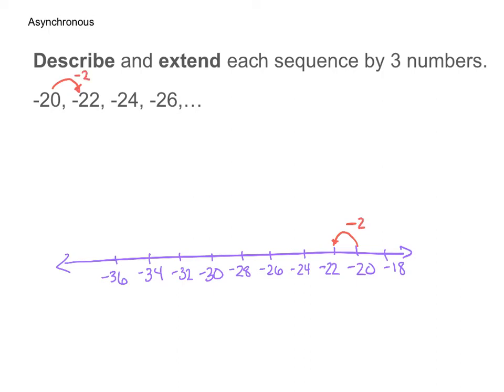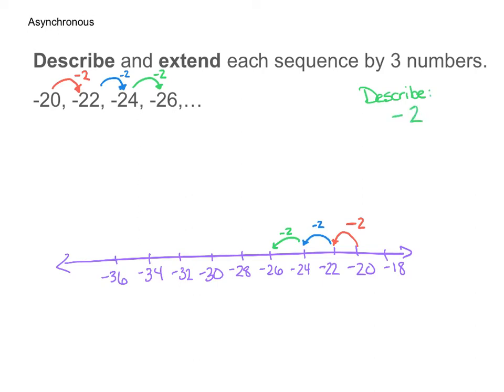Okay. Let's go to the next one. So from here, negative 22 to negative 24, I'm subtracting 2. And then from negative 24 to negative 26, I subtract 2. Well, the pattern, so my described pattern, is that we are subtracting 2.